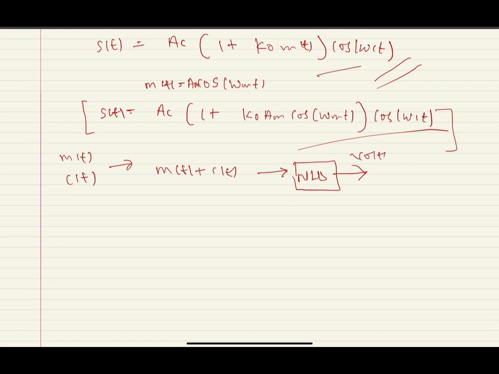Because of the harmonic nature of the nonlinear device, extra terms are generated in addition to our original signal, and therefore we need to pass it through a band pass filter. This band pass filter is going to attenuate all the unwanted terms, leaving the original one that we need, and that is going to be our output S of t. And this output S of t is our general AM wave.